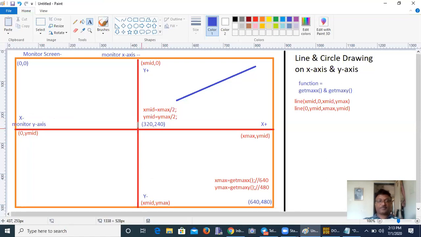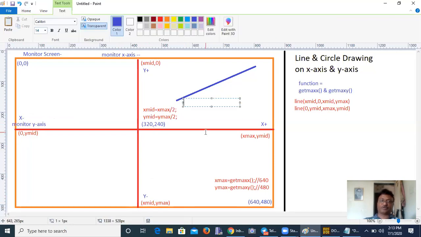Now this is my point, 10, 10, in the form of your x. So how is this point going to be converted? Suppose I have read the x1. So x1 is going to convert: x1 is equal to x1 plus x mid, correct? And y1 is equal to y mid minus y1.